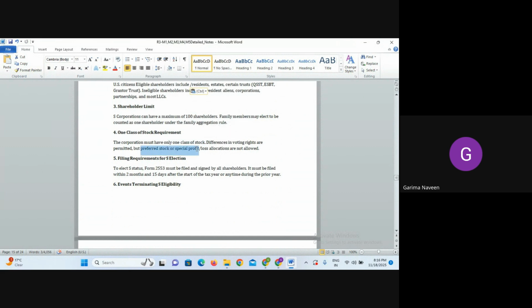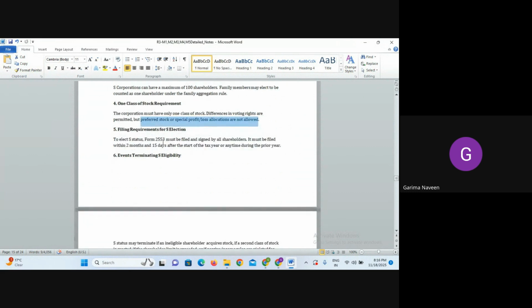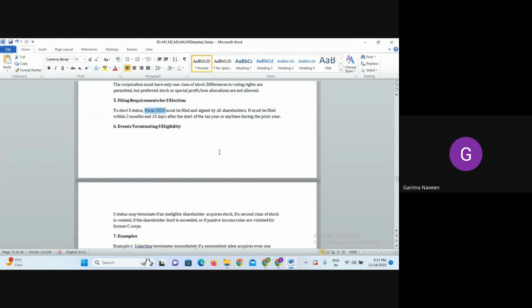Preferred stock or special profit and loss allocations are not allowed. Filing status requirement: to be elected as S corporation, you have to file the Form 2553, and all the shareholders must agree to this form. There should be 100% consent to be considered as an S corporation.